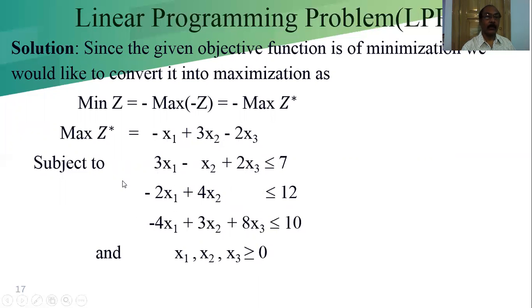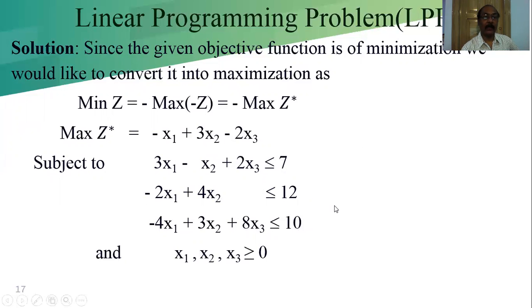Now what we have to do is introduce slack variables: S1 greater than or equal to 0, S2 for the second constraint and S3 for the third constraint. So we are introducing slack variable S1 greater than or equal to 0, slack variable S2 greater than or equal to 0 for the second constraint, and S3 greater than or equal to 0 for the third constraint.